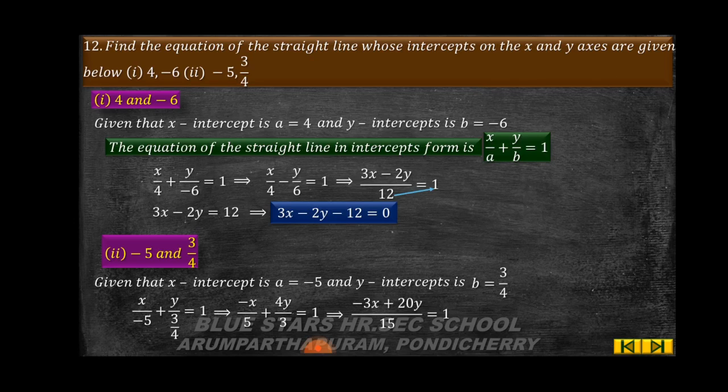We are taking the LCM. The LCM of 5 and 3 is 15. So cross multiplication, minus 3x plus 20y is equal to 15. Therefore, the equation of the straight line is 3x minus 20y plus 15 is equal to 0.